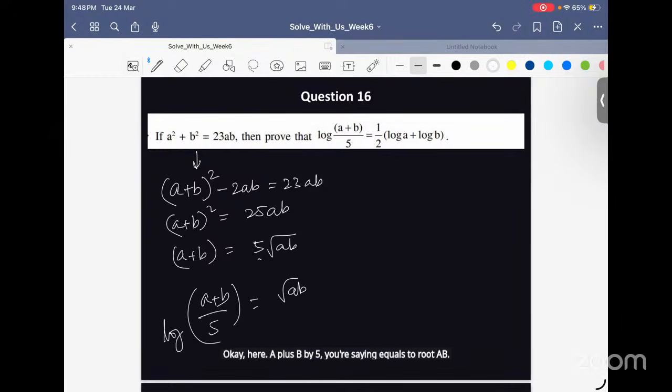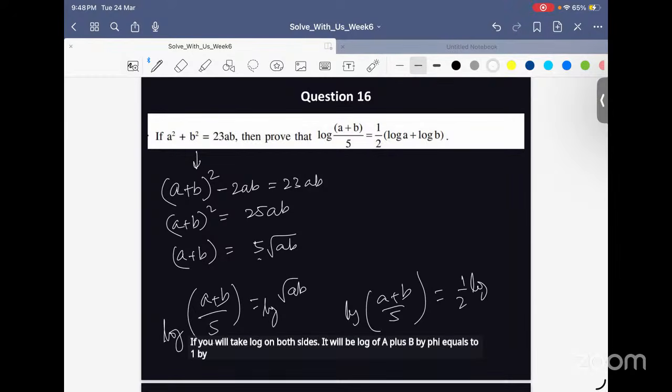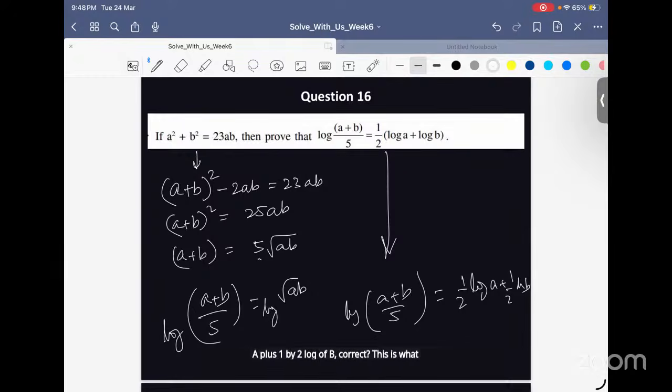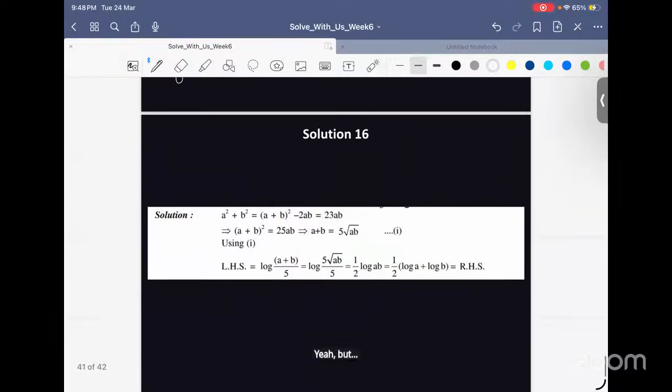If you take log on both sides, it will be log of (a plus b by 5) equals 1 by 2 log a plus 1 by 2 log b. Correct? This is what has been asked to prove. Yes, sir. Yes, this is what has been given.